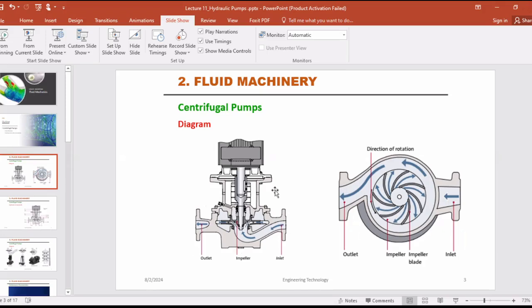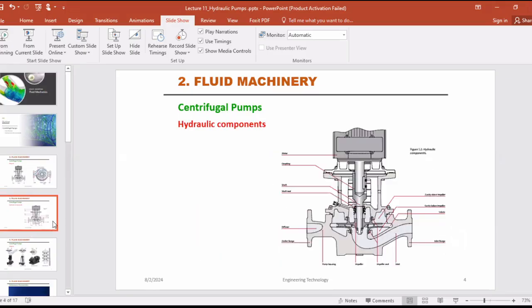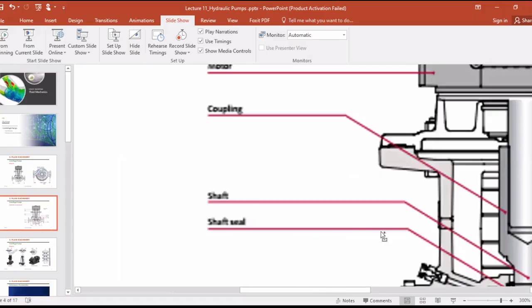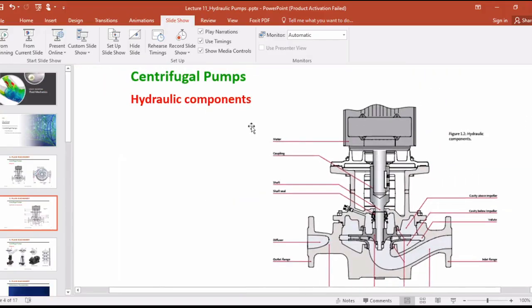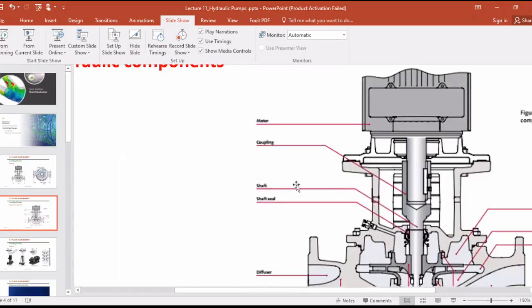Same picture, okay? Same pump. Then using this diagram, can you see these words in this picture?